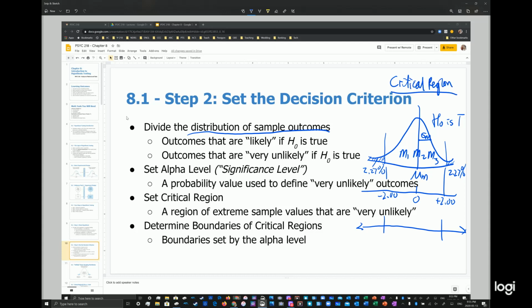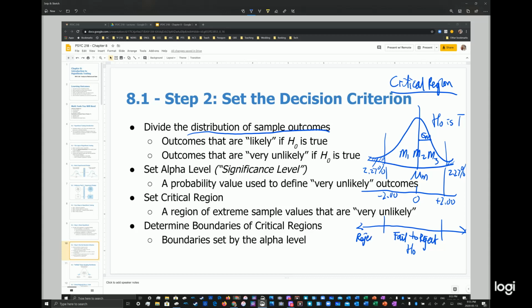So anything outside that critical region, that is closer to the mean, you'd go fail to reject the null. And we're going to discuss why we use specifically fail to reject and not accept the null also.